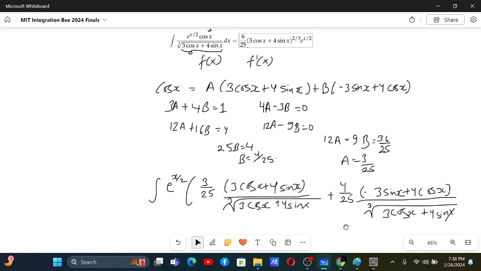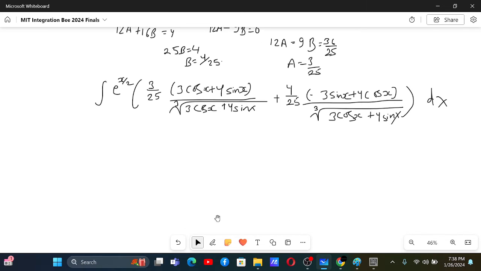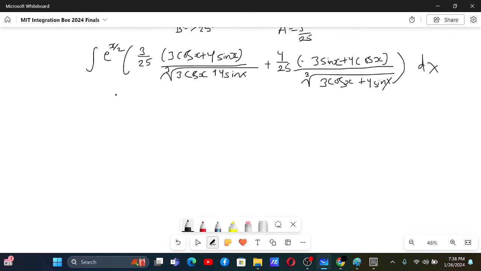So this is our original integral, just that if you add the numerators, you will get cos x. Now let us write this in a simpler form.